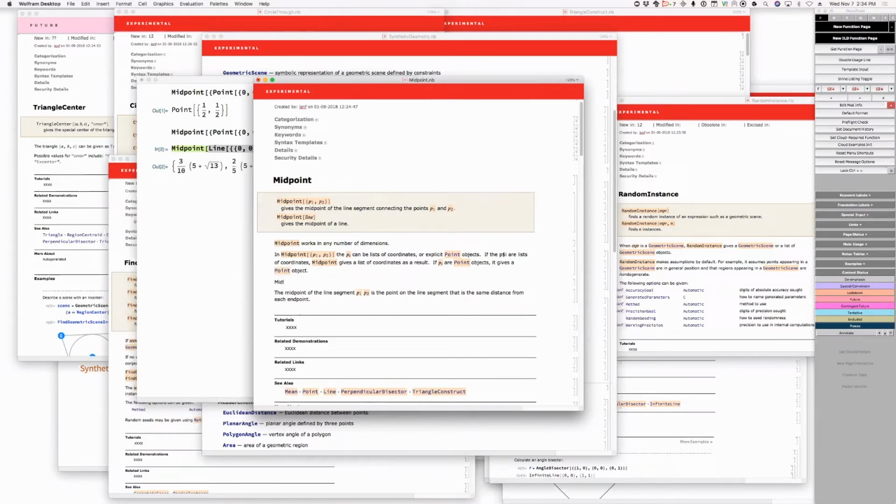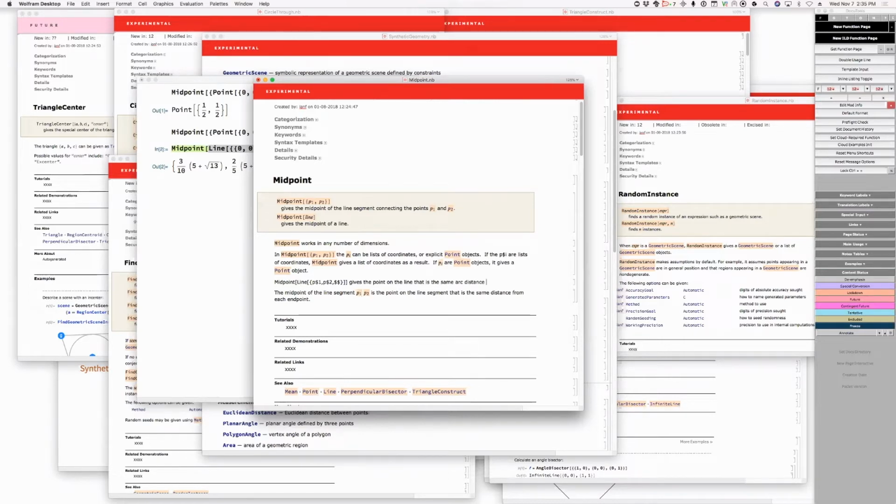Okay, midpoint of line of P1, P2, ... gives the midpoint, gives the point on the line that is the same arc distance.